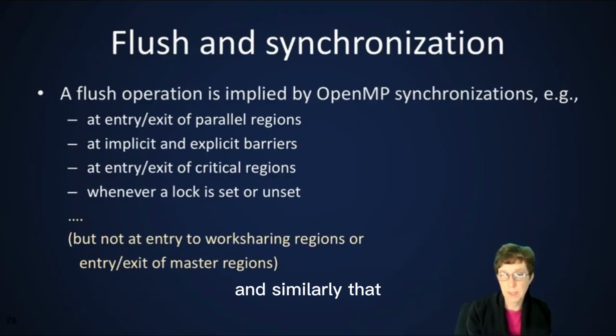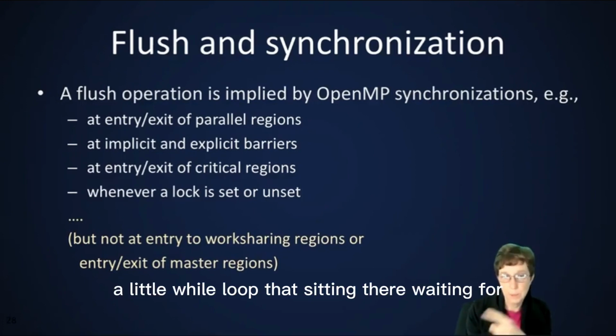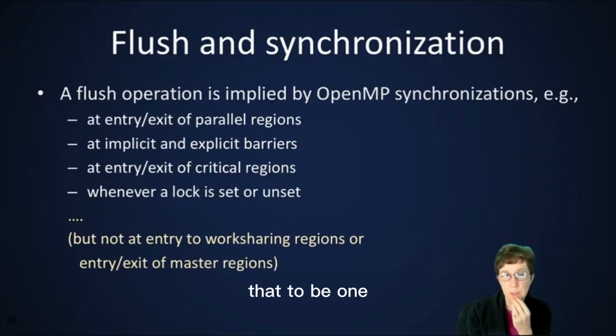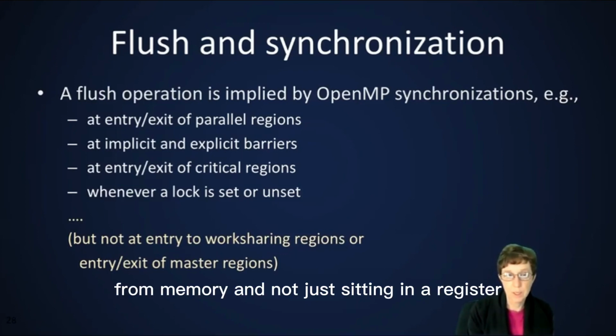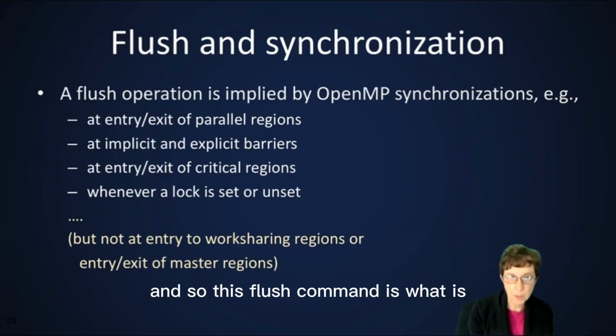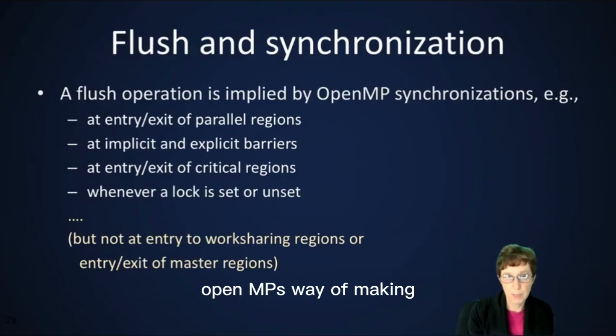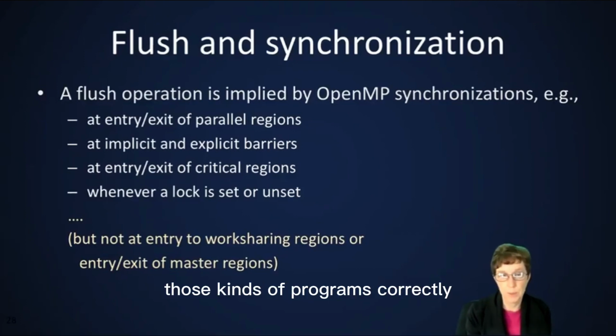Similarly, a little while loop that's sitting there waiting for that to be 1 is going to have a flush to make sure it's actually getting the variable from memory and not just sitting in a register. And so this flush command is OpenMP's way of making sure that you can write those kinds of programs correctly.